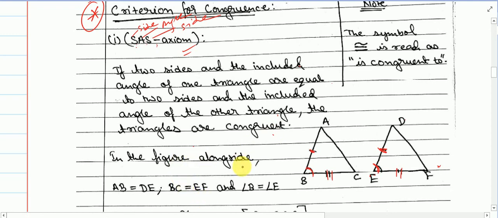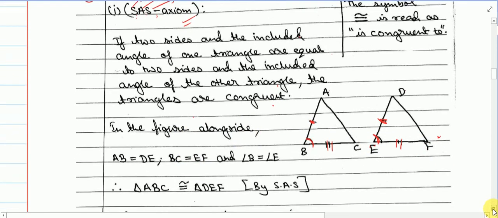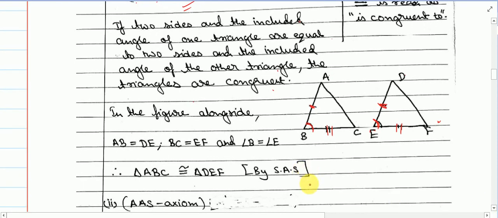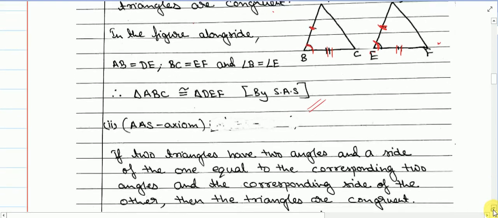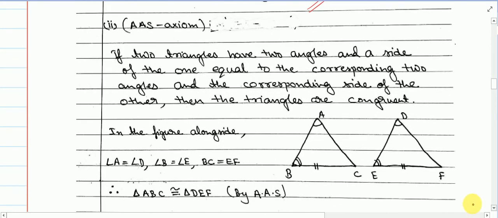Okay, so you have to draw the figure and you will write down this. Then the angle side axiom. If two triangles have two adjacent angles and one side equal, they are said to be congruent.